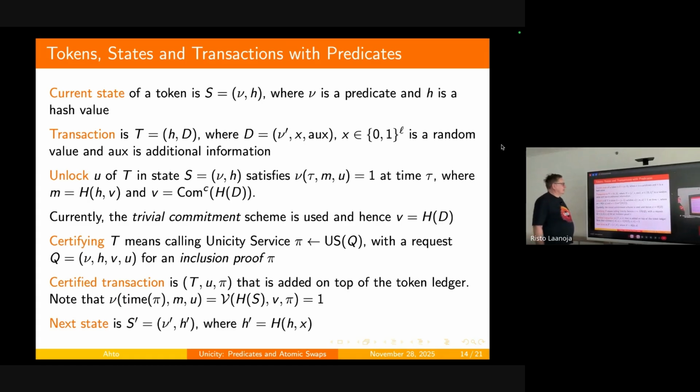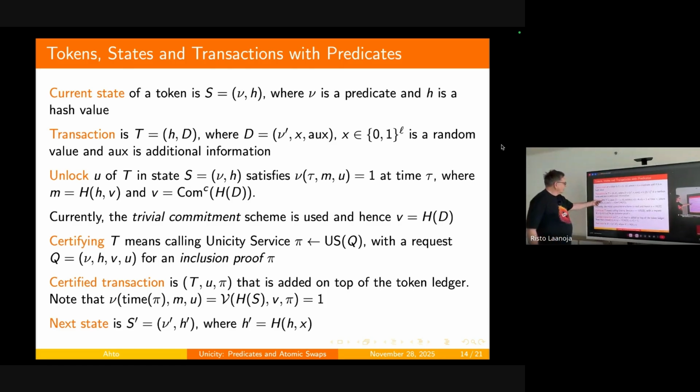So this new state is a predicate encoded somehow in the way we choose to encode the predicates, and we have a hash value, as in the current case. Transaction is very similar, just the new owner is again a predicate.